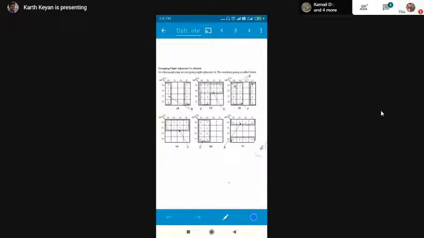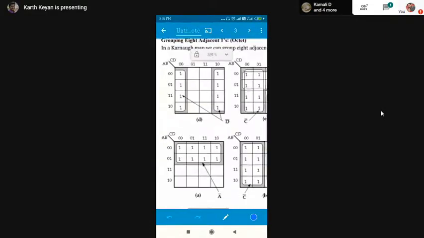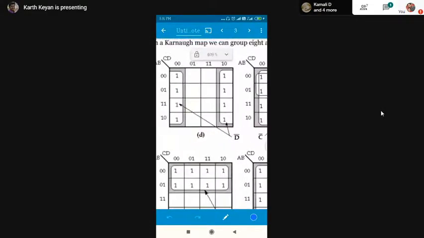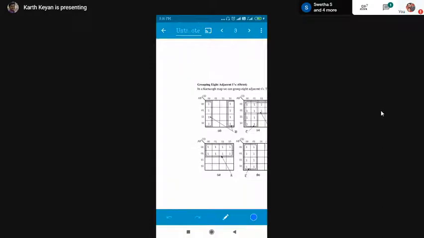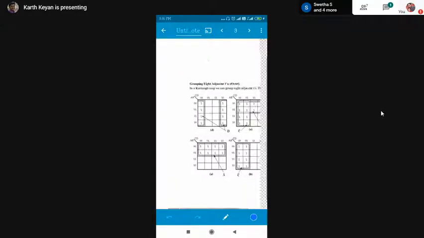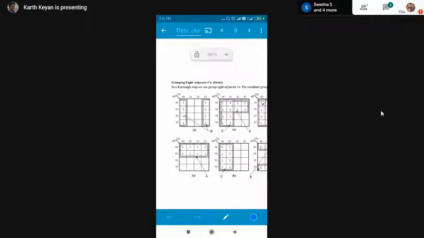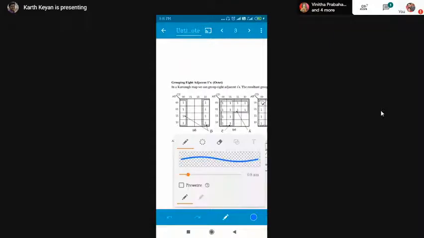Okay, so what happens in this case? Actually, you will see this. The first column and the last column we are considering as one 8 cell. So we are going to use only the left side.